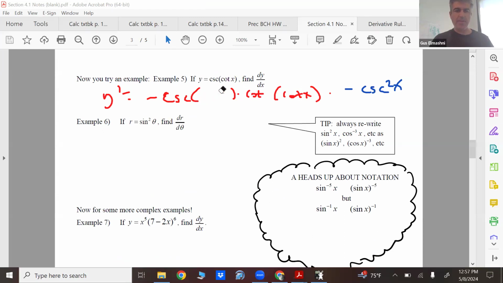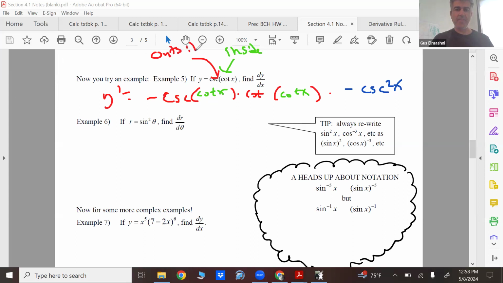Let me change the color of these as well. So that's your inside. Keep the inside intact, and that's your outside. I know it's kind of funky.